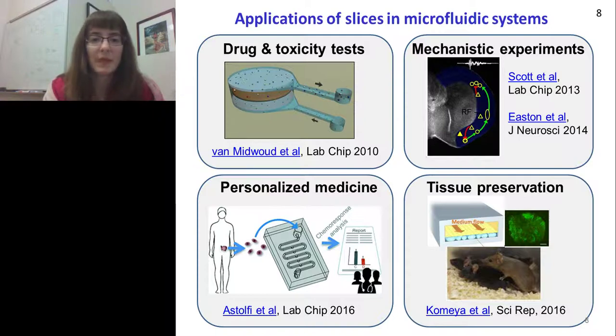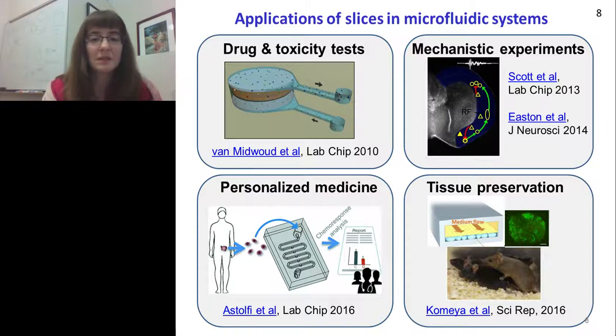We've also had mechanistic experiments where microchips that were interfaced with electrochemical arrays were used to map out signaling in the brain. There's applications in personalized medicine, for example, taking patient tumor samples and putting them onto a chip in order to test different combinations of chemotherapy, and that came from the Gervais lab in Montreal.